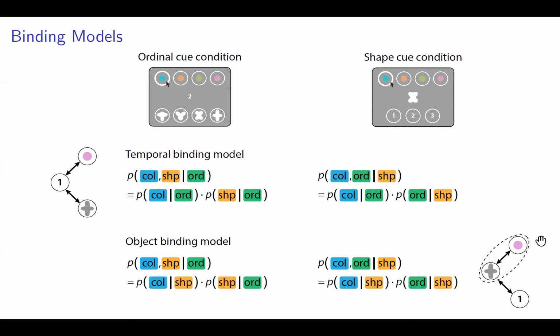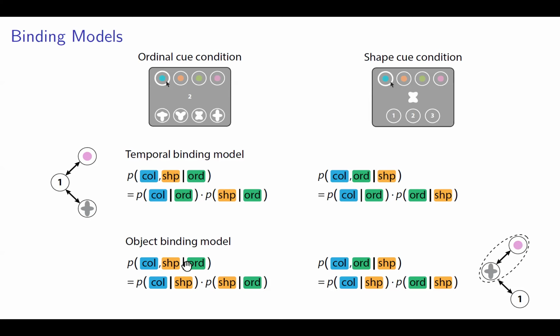The color should be bound directly to the shape, so they should be able to retrieve that directly, and they should also be able to directly retrieve the ordinal position that is associated with this bound object. So this is relatively clear.